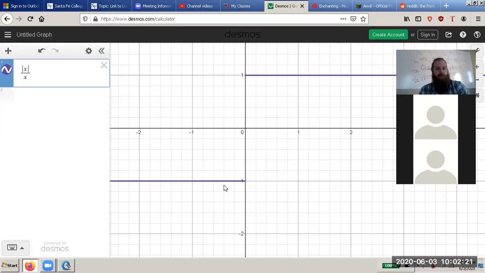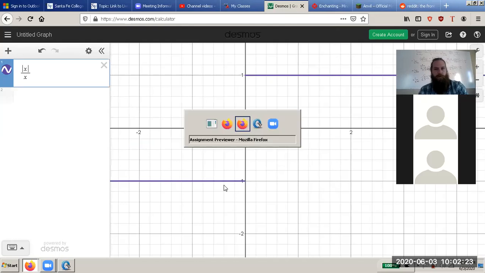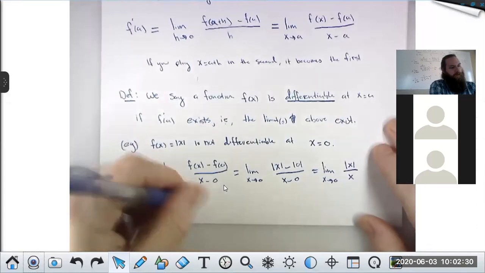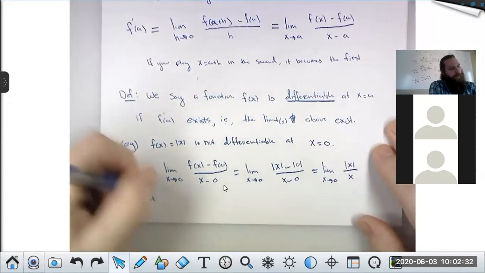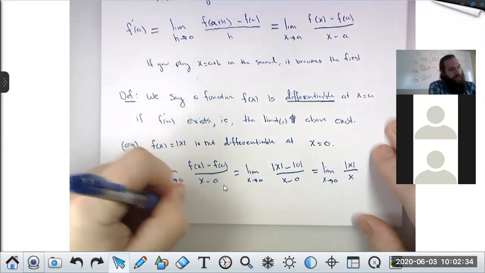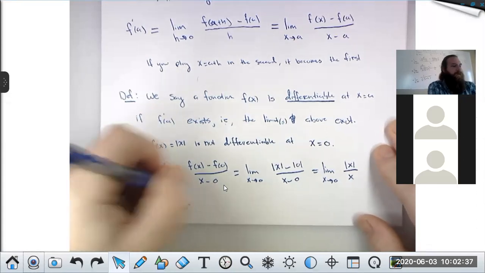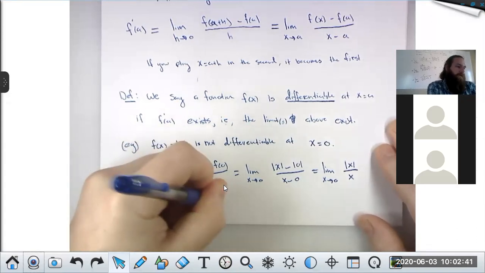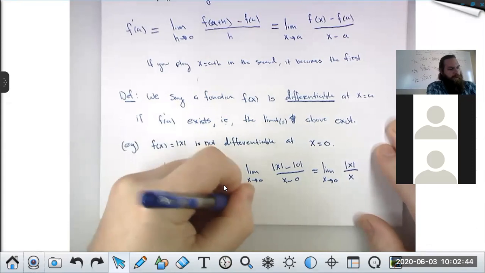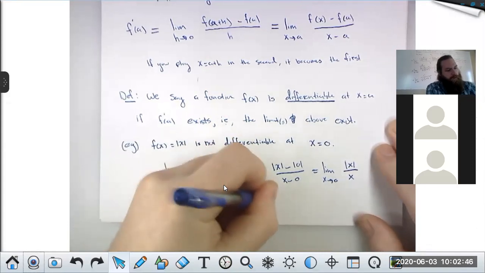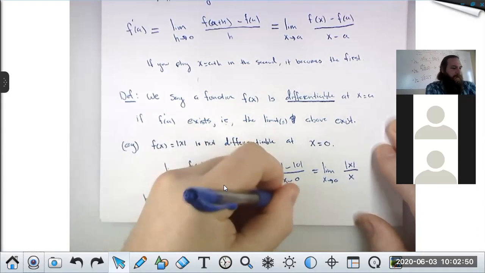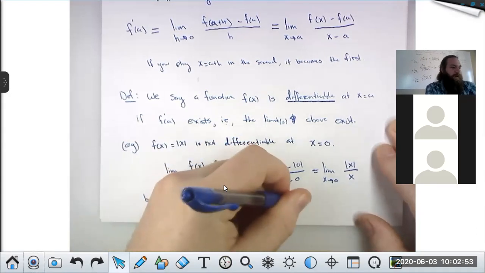So the limit as x approaches 0 from the left of this function is -1. And the limit as x approaches 0 from the right is +1.